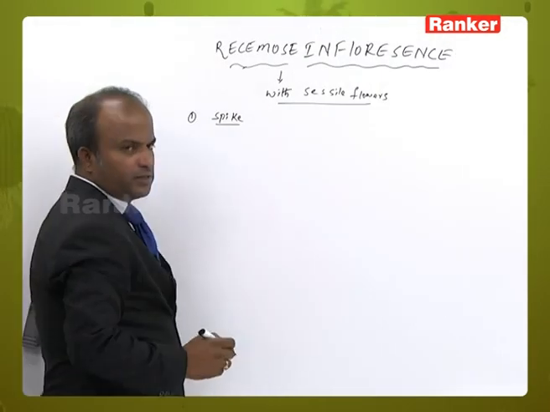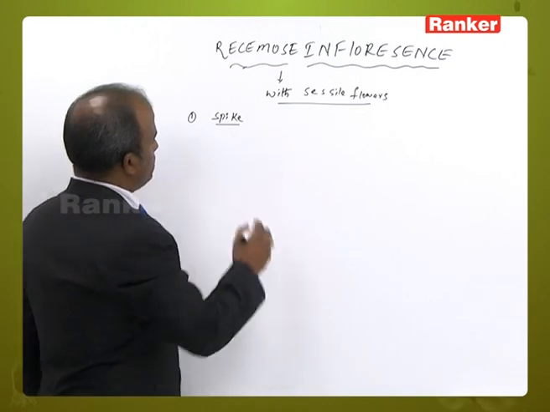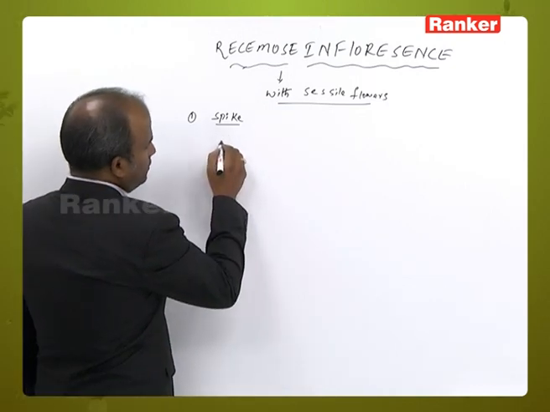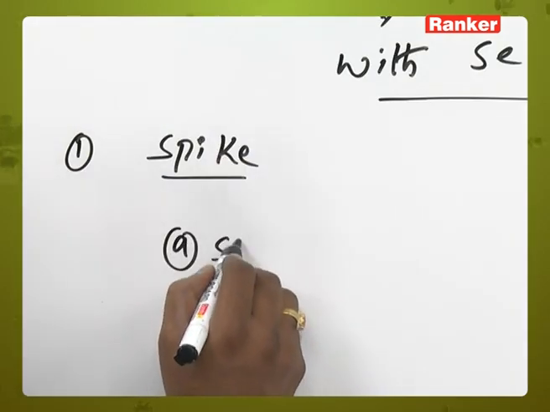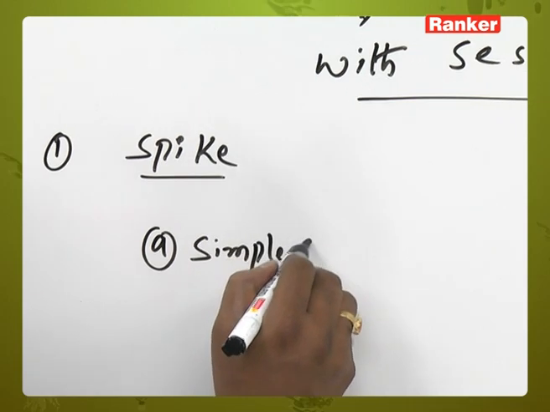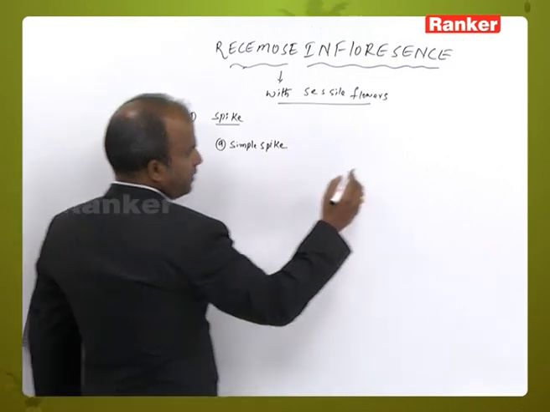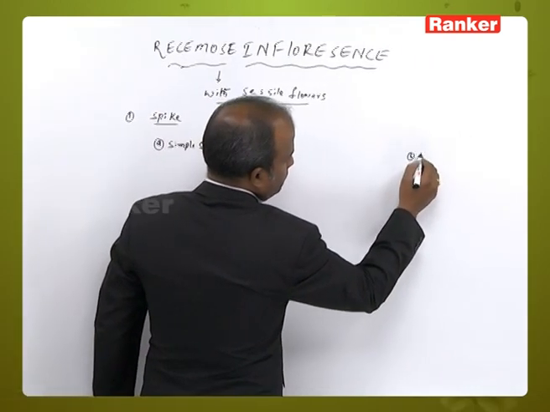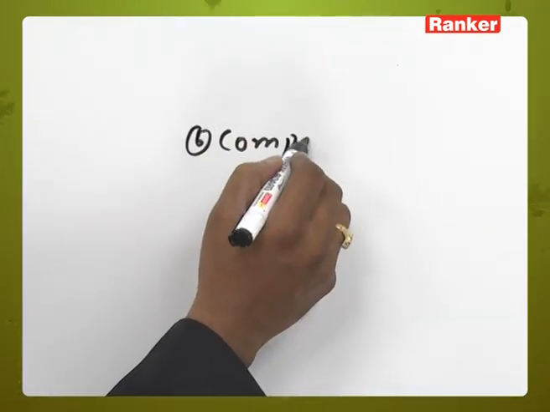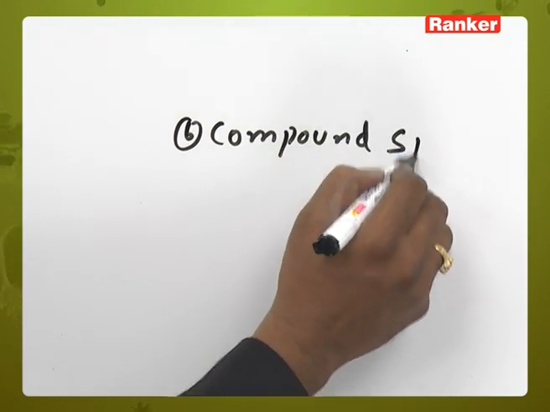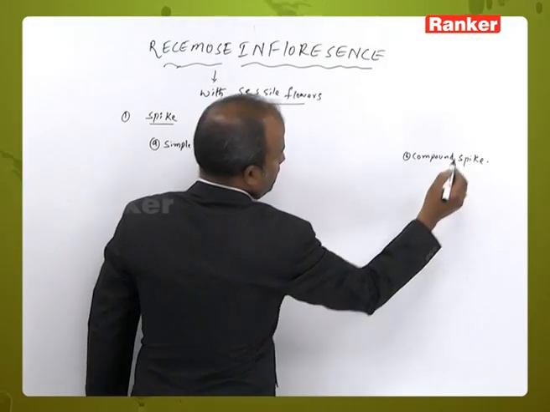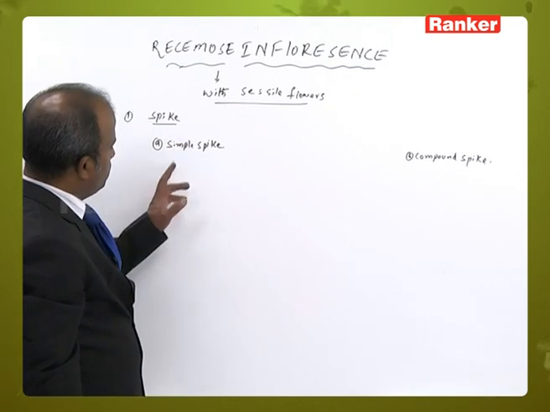This spike is also of two types: one is the simple spike, and the second one is the compound spike.